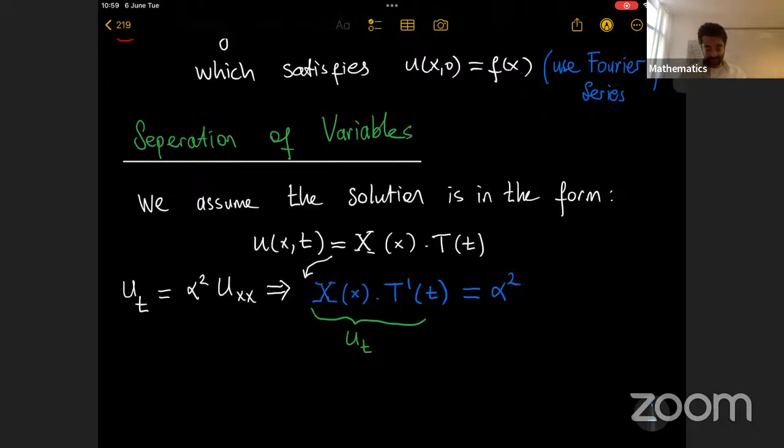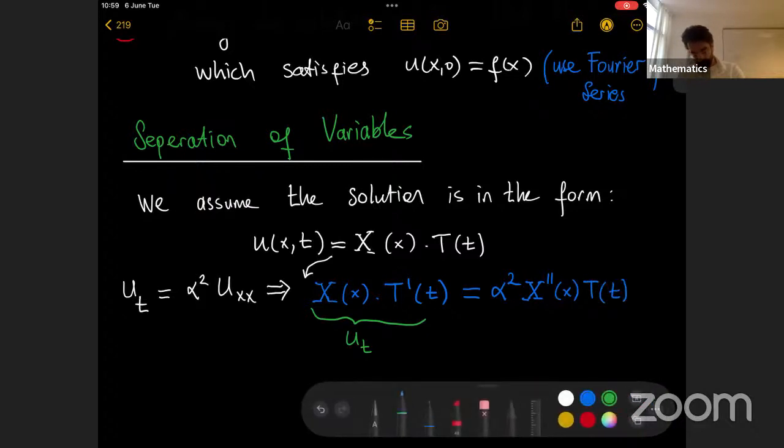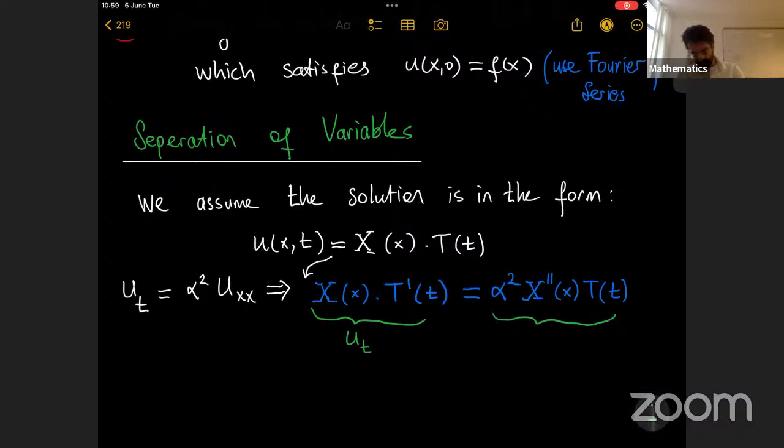Now, T is a constant for us, and we differentiate with respect to x. So it's going to be our function X double prime of x times T of t. Now, this part is basically alpha squared u sub xx.